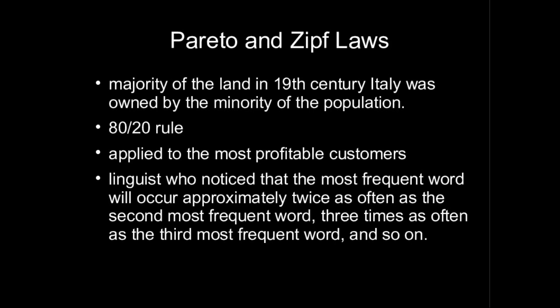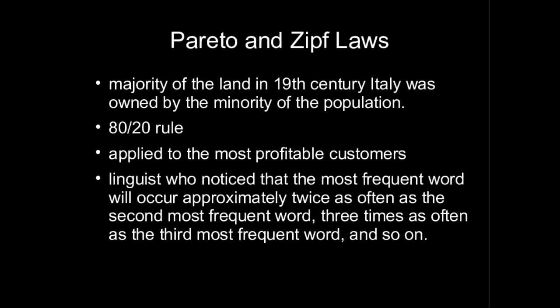Finally, we are talking about the Pareto and Zipf's law. This is also known as the 80-20 rule. It is based on observations back in the 19th century that the majority of the land in 19th century Italy was owned by a minority of the population.